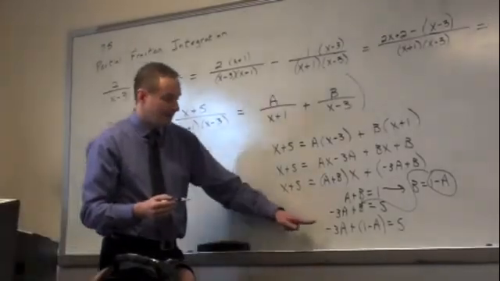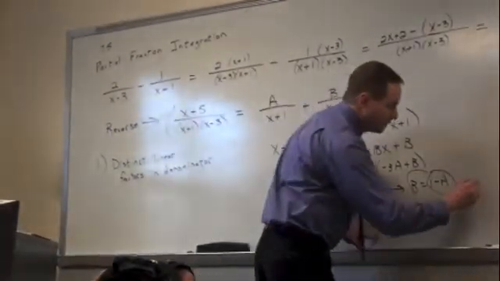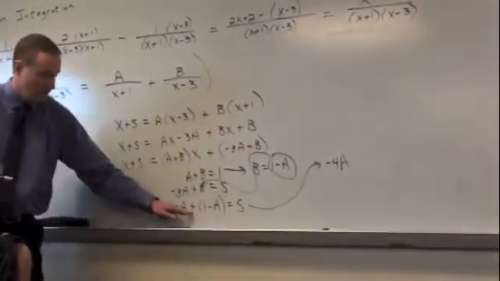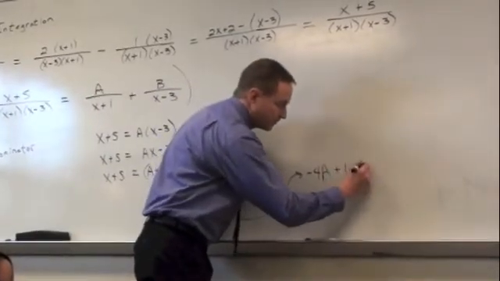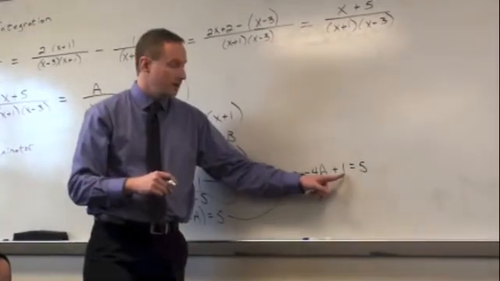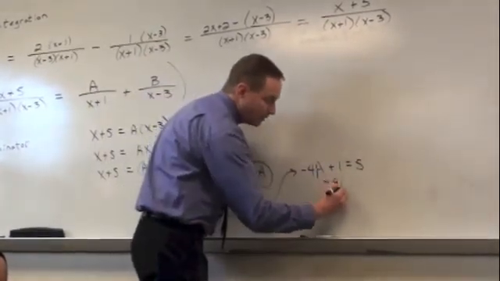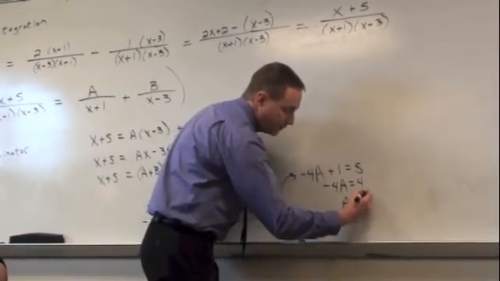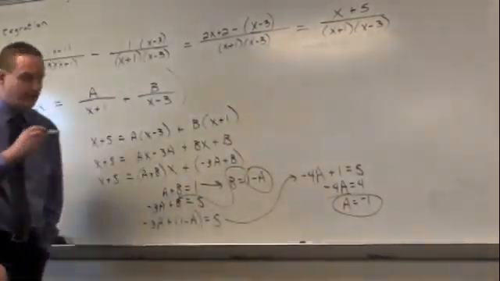So I'll get negative 3a plus a negative a. That's going to give me minus 4a plus 1 is 5. So let's solve for a. Subtract 1 on each side. Negative 4a would equal 4. So a would equal negative 1. I have my solution for a there.